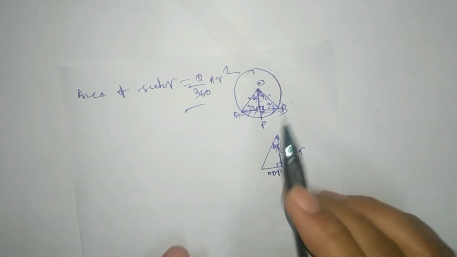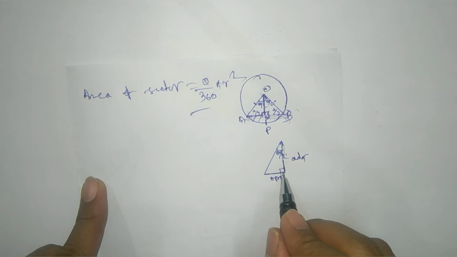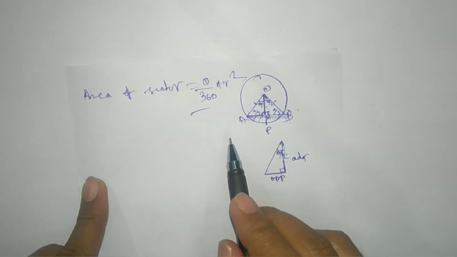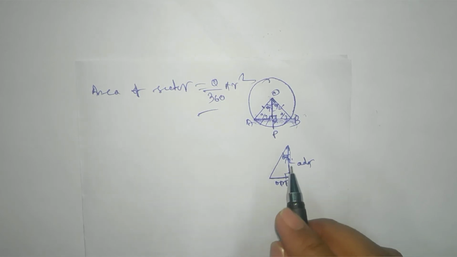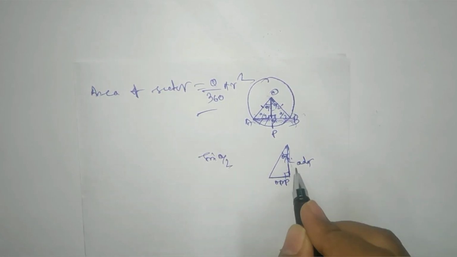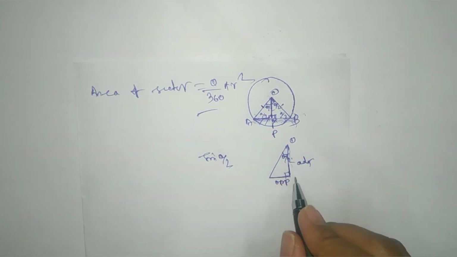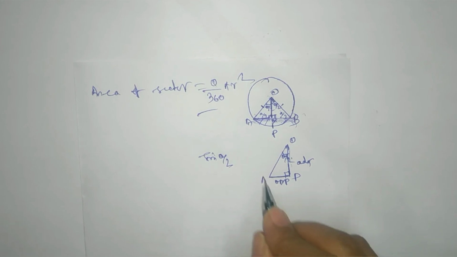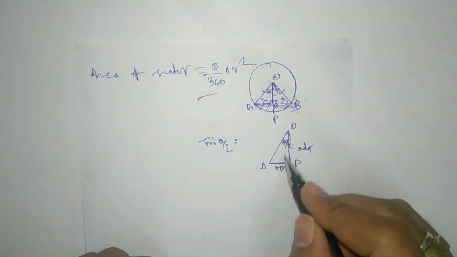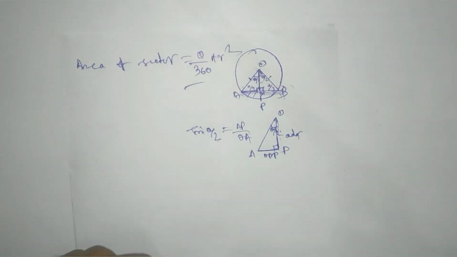So your target is to find the base and height. How are you going to find it here? If we know half of this part, if we multiply by 2, we'll get the full of it. Now see, related to this, sine theta by 2 is the opposite side by the hypotenuse, that is AP by OA.